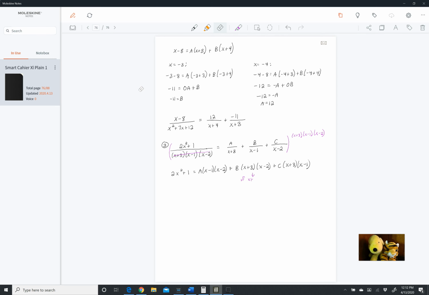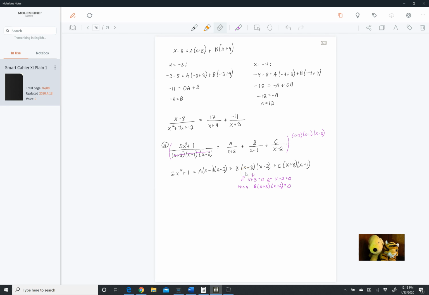If x plus 3 equals 0, or x minus 2 equals 0, so or, doesn't have to be both, then this whole thing equals 0. Okay, and that's important because we know that there's one of two things that we could plug in that's going to make that true. We could either plug in negative 3, and then we have b times 0 times some number, which is 0. Or we could plug in 2.